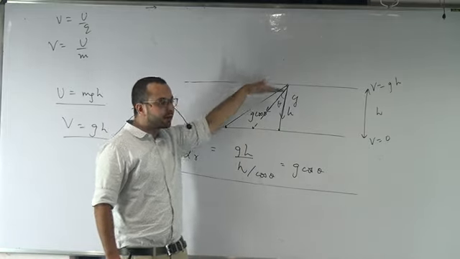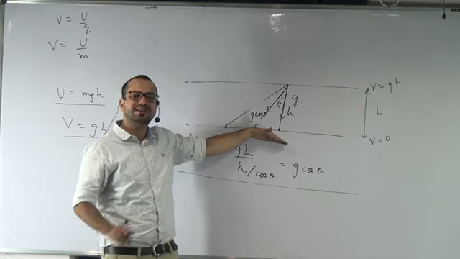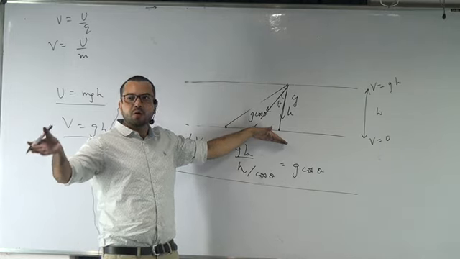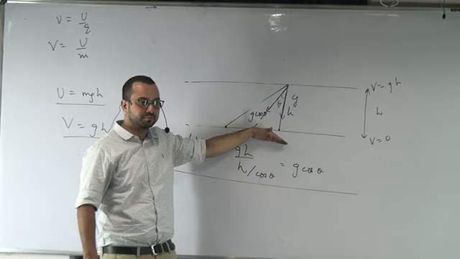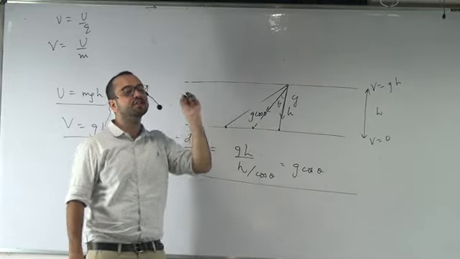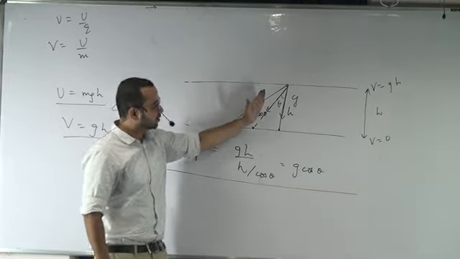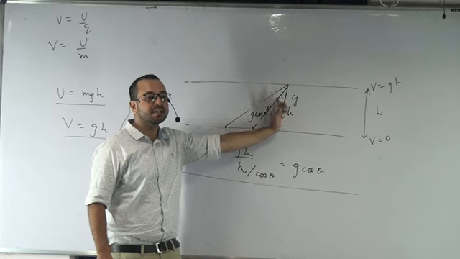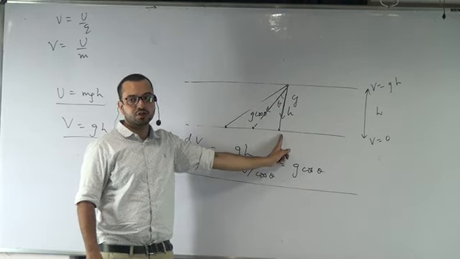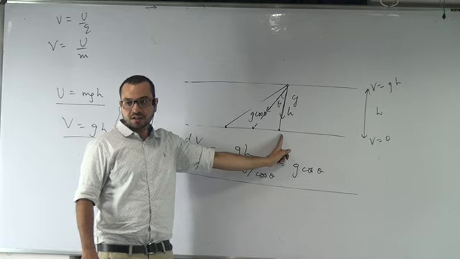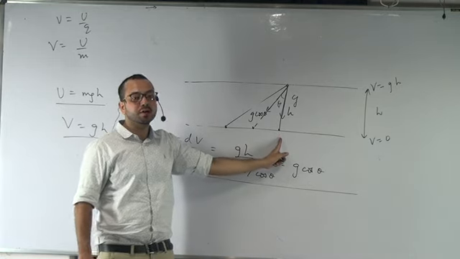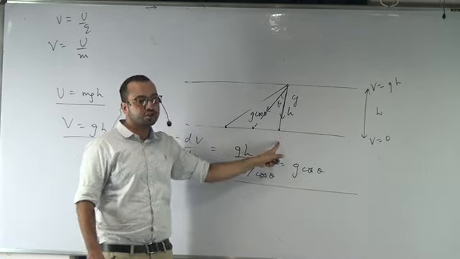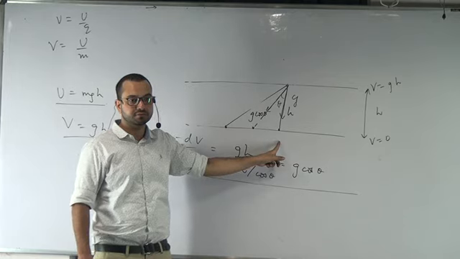I'm going from this level to this level. What is the change in potential? The same. When will the rate be maximum? When the displacement is smallest. When will the displacement be smallest? You come down straight away. So if the distance is smallest, this is the direction in which the rate of drop in potential is maximum. Isn't that the direction of the field also? We know that. Is that clear?